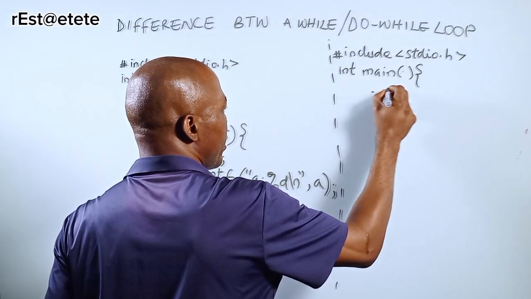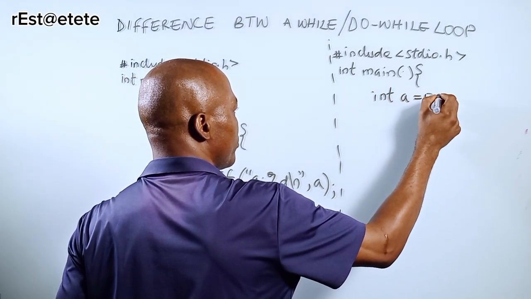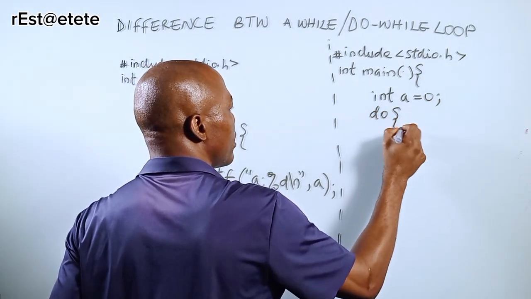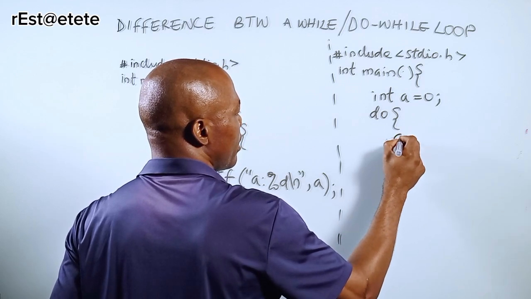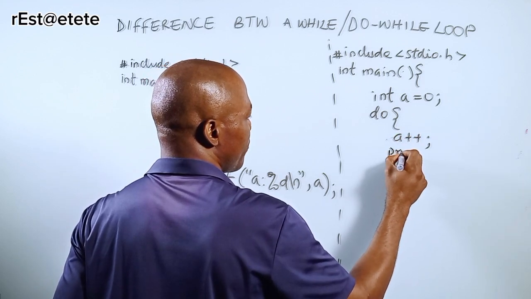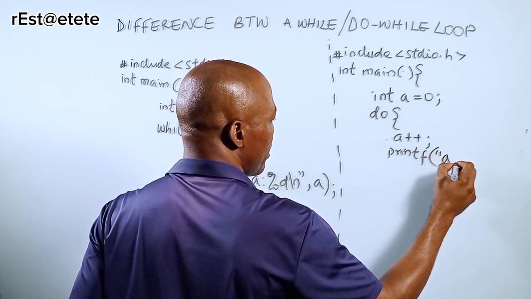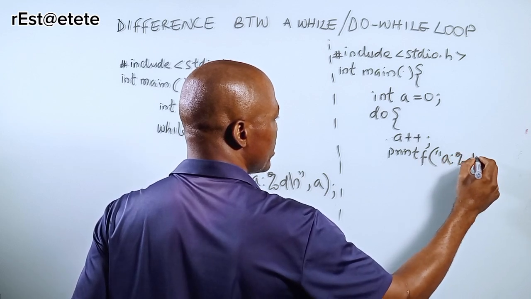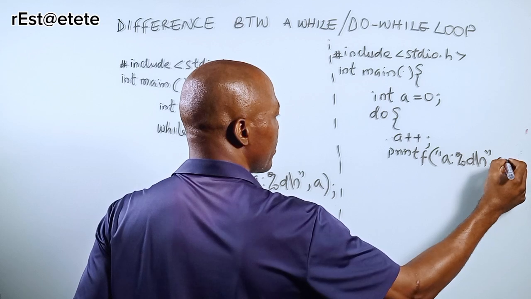Then I will declare the same variable, int a, and assign 0 to it. Then I will say do. Then I will go in and do a plus plus. Then I will say printf, percentage d slash n, a.